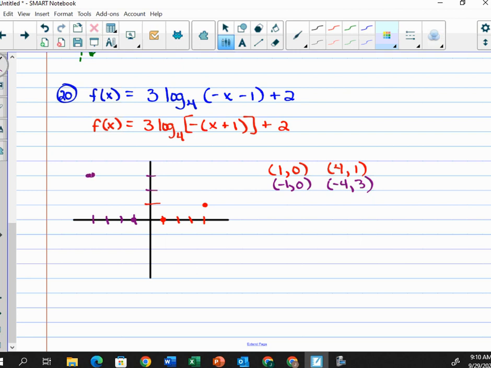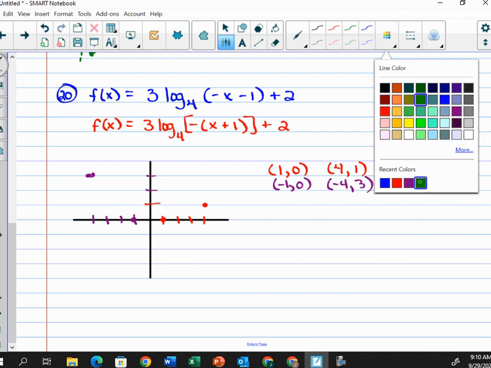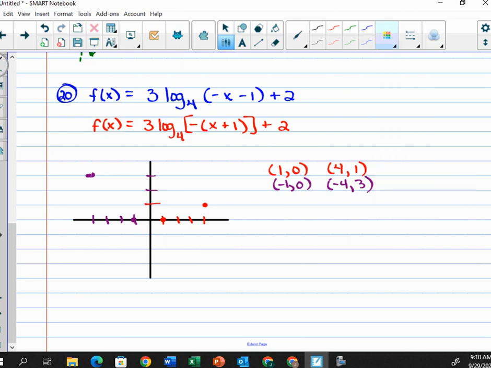Here we go. Then what is my last step? I will need an asymptote. And what about the shifting? Left 1, up 2. So the asymptote shifted left 1.